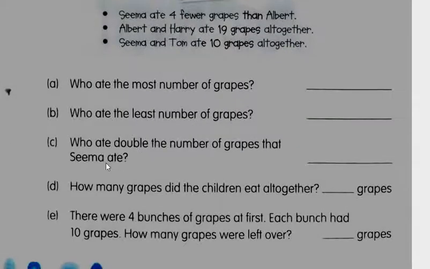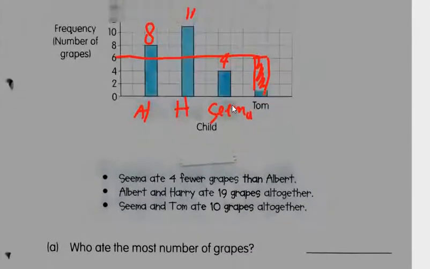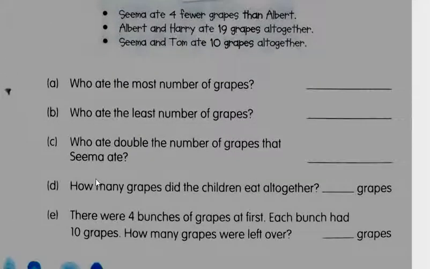Now question C. Who ate double the number of grapes that Sima ate? What is double 4? It is 8, right? And who ate 8 grapes? It is Albert. Okay, so question C is Albert.